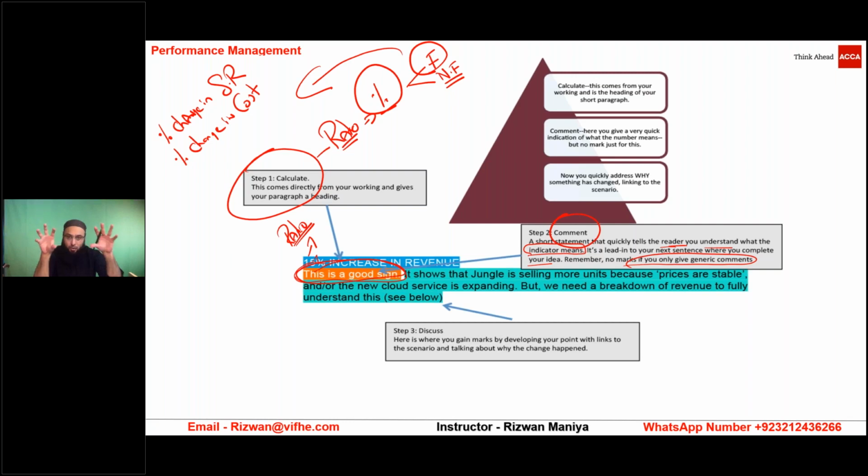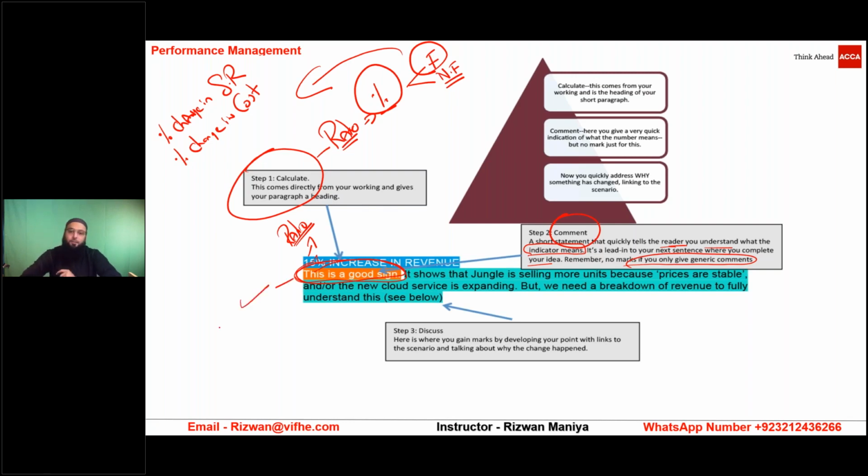These are ratios. Now, what is the comment? The comment is what this indicates. If there is an increase in revenue, is it a good sign for the business or a bad sign? You will say this is a good sign.